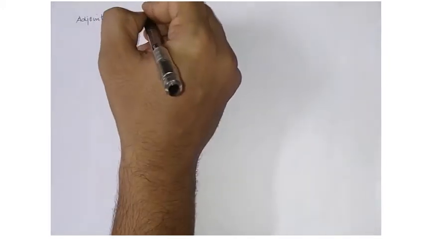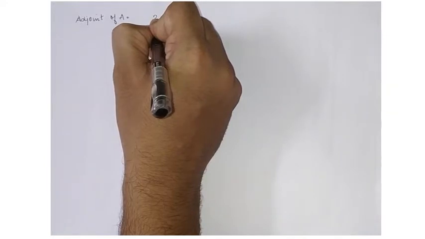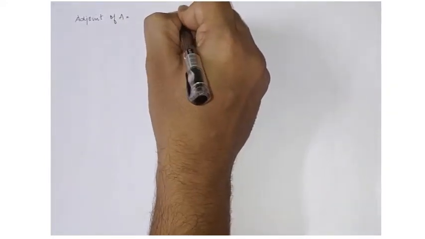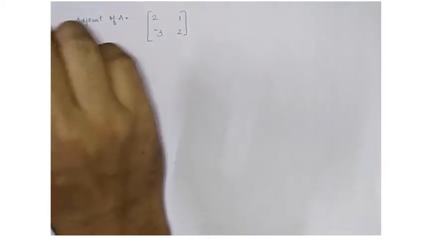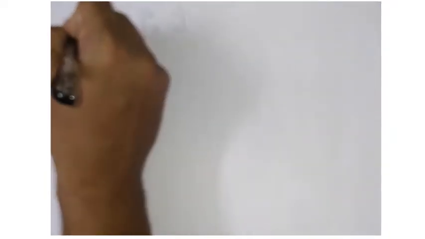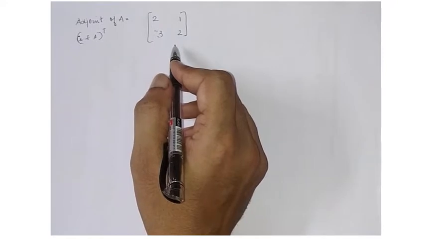So it becomes 2, 1, minus 3, 2. Now you're making the row into a column, that is how you find the adjoint. Adjoint of A is equal to cofactor of A whole transpose. When you find the transpose, you get the matrix like this.